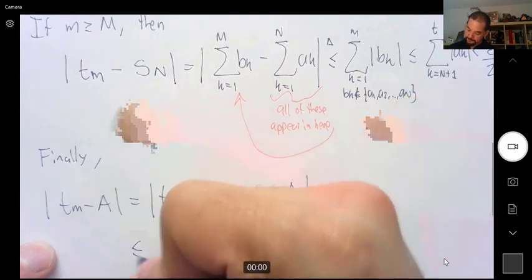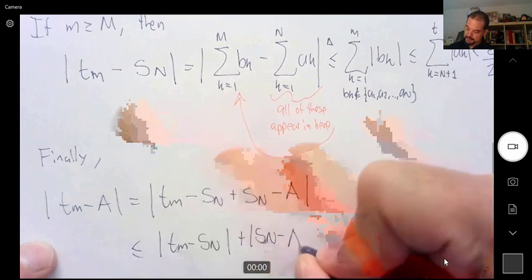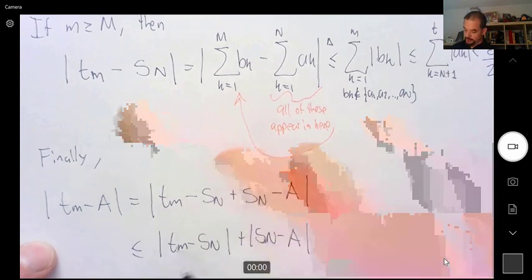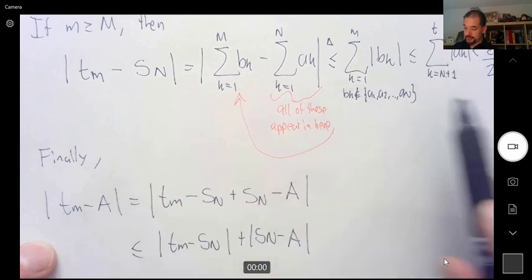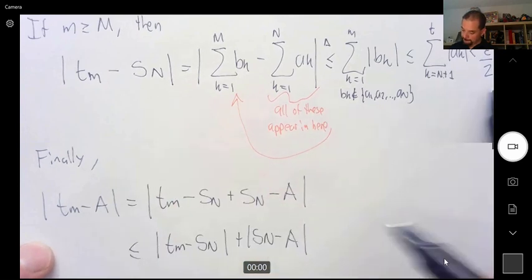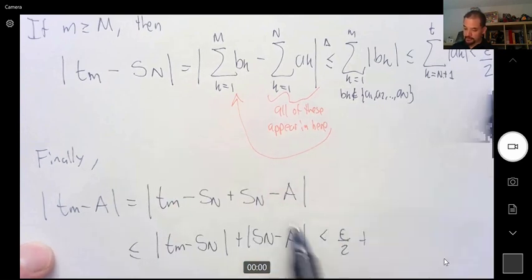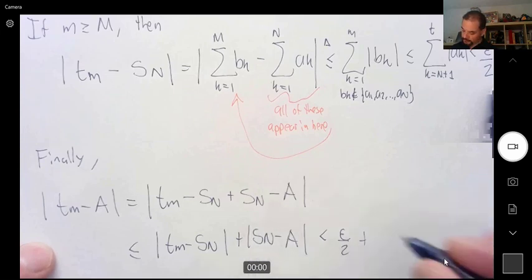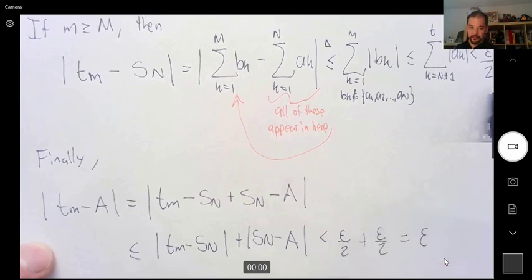Triangle inequality. Break this into two separate ones. And this one we just learned is less than epsilon over 2. And this one, at the very beginning of the proof, we knew that Sn converges to A, so we made this one smaller than epsilon over 2. So this is epsilon, and we are done.